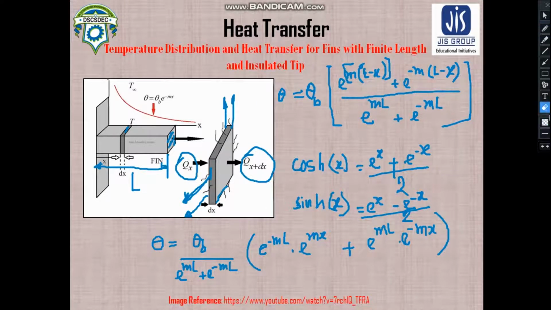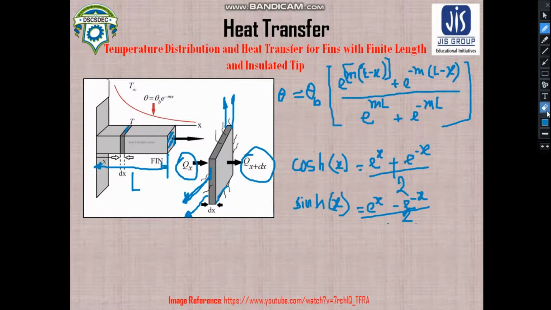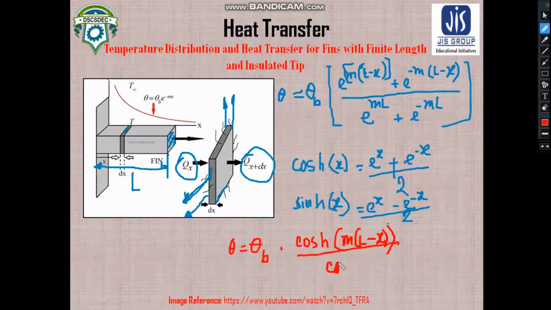So from basic understanding of mathematics, we can define or rearrange this function in such a way that we can write theta is equal to theta b into cos hyperbolic of m into (L minus x), divided by cos hyperbolic of mL.